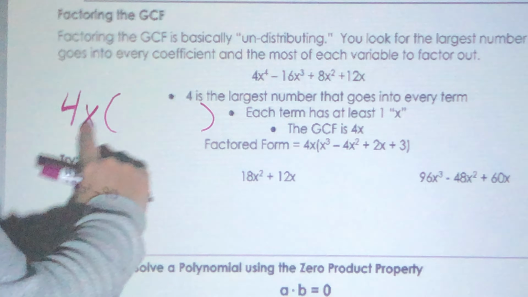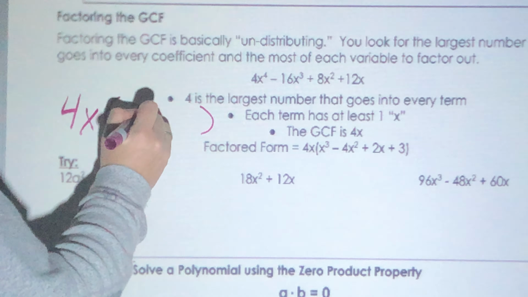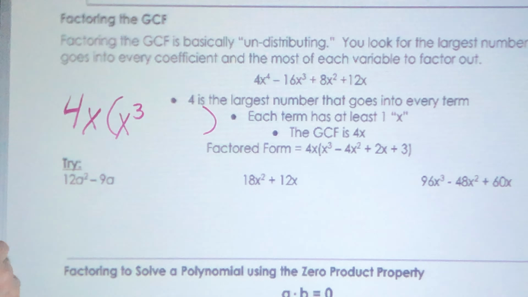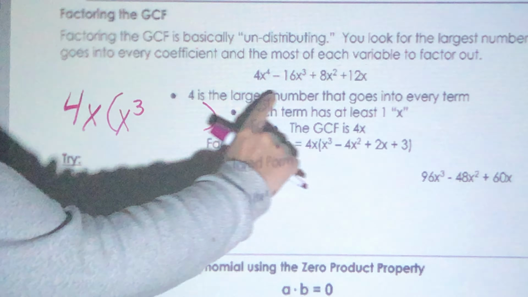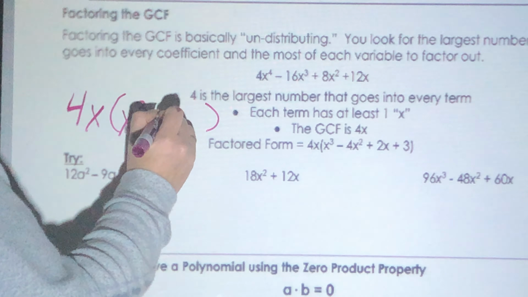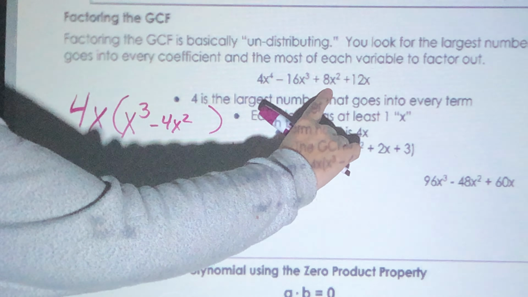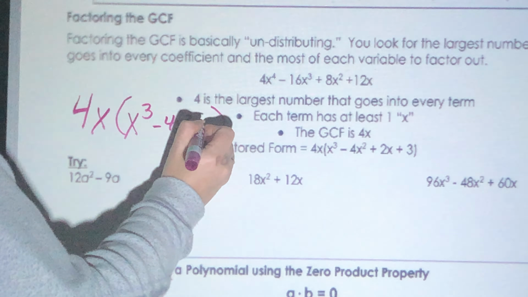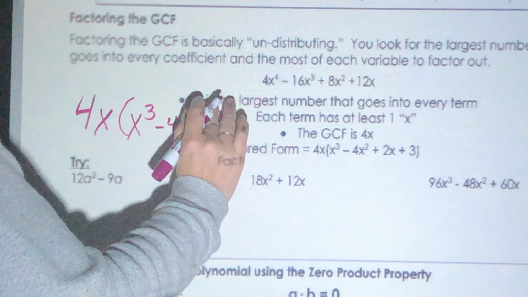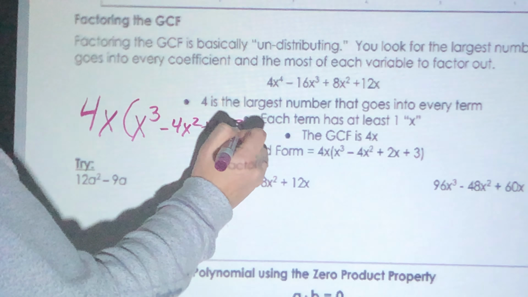To get from 4x to 4x to the 4th, we would have to multiply by x cubed, because that's how much it's missing. To get from 4x to -16x cubed, we'd have to multiply by -4x squared. To get to 8x squared, we'd have to multiply by 2x, and then to get to 12x, we'd have to multiply by 3.